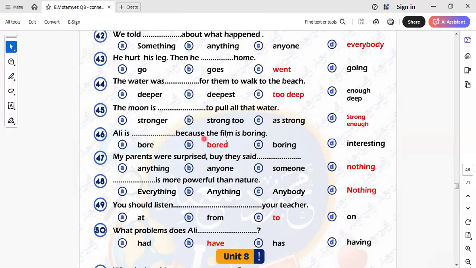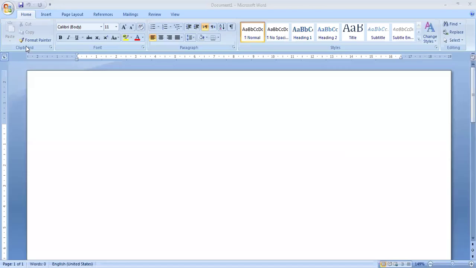Ali is bored because the film is boring. Bored is bored. So here, as we told, I would like to explain this also. Here we have adjectives. I would like to make a revision to remind you what we told before. Here we have -ed adjectives, the -ed form, and adjectives in the -ing form.